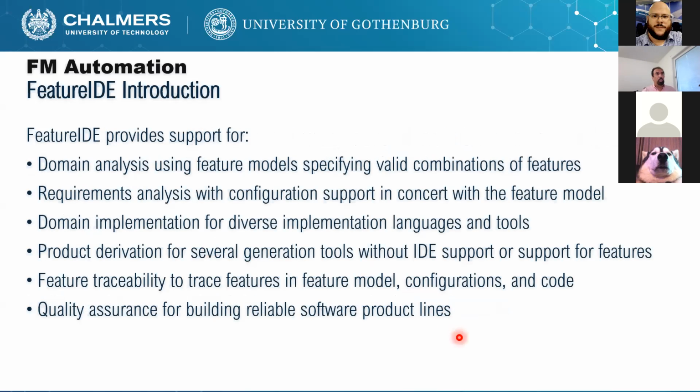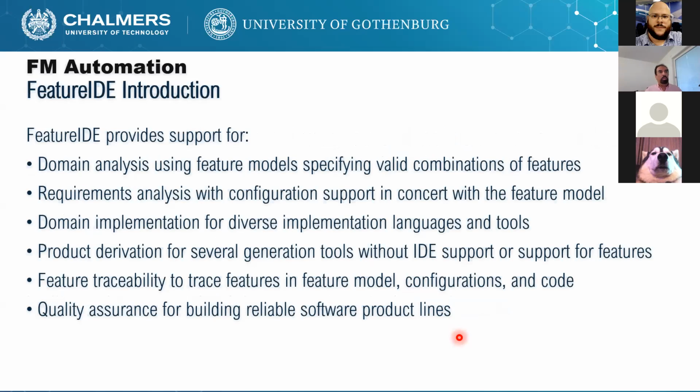Feature ID also provides you domain analysis like Pure Variants. It uses feature models specifying valid combinations of features. It provides you with the tool for requirement analysis and enables you to do configuration support and helps you with developing the feature model.